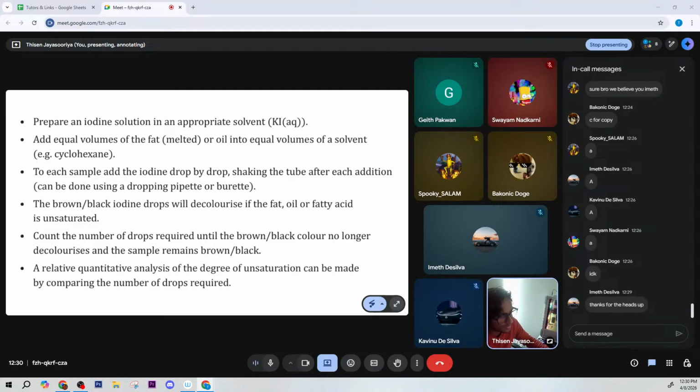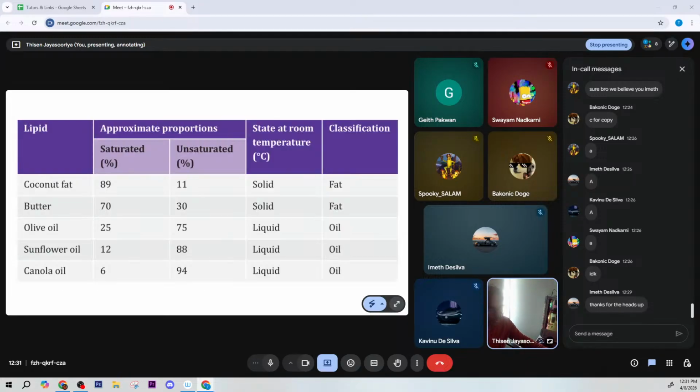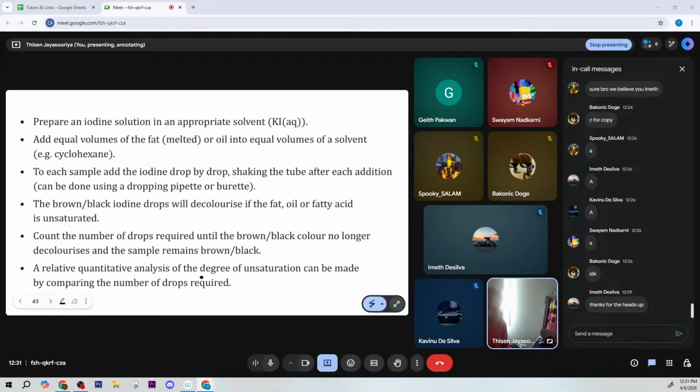This process here is the process to identify the degree of saturation of a fat or an oil. We can see that there are different degrees of unsaturation, and that's the goal of this process.